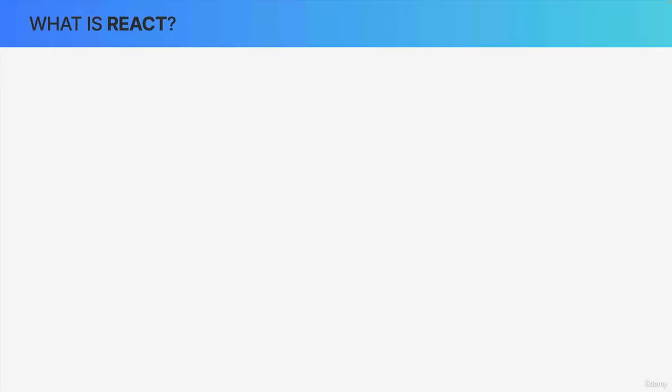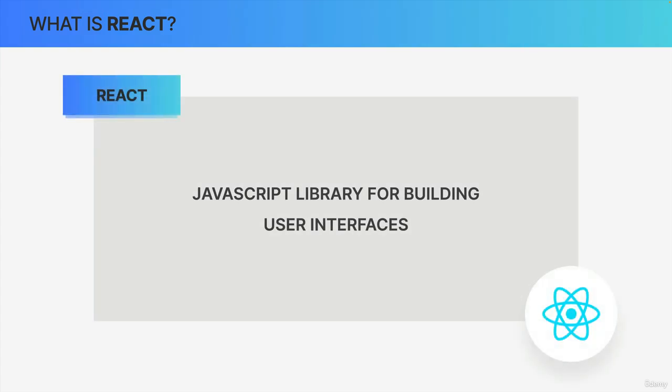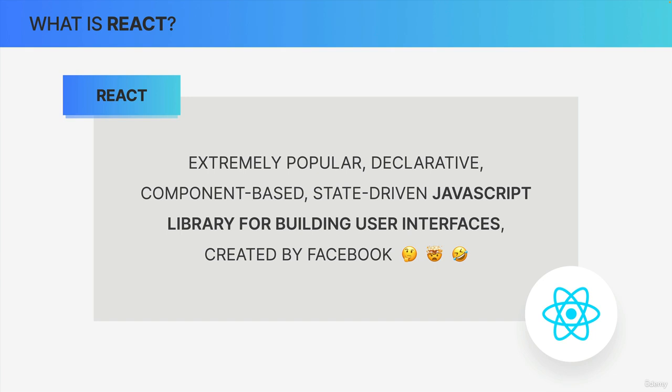So, according to the official React documentation, React is a JavaScript library for building user interfaces. Now that's something, but it really isn't that helpful, is it? So let's extend this definition by a bit so that it becomes more helpful, or should I say, a little bit more crazy, like this.